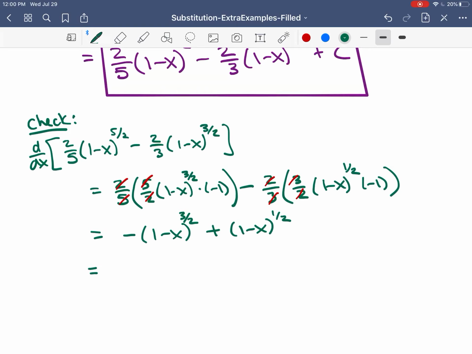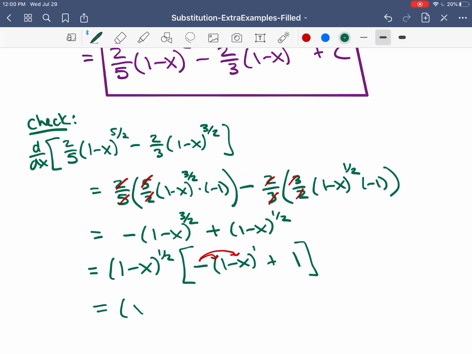So I can pull out 1 minus x to the 1 over 2 to the smaller power. And I'm going to have negative 1 more, so to the power 1. And here I just have a 1 left over. If I bring this negative through, I'm going to have negative 1 plus 1 is going to go away.